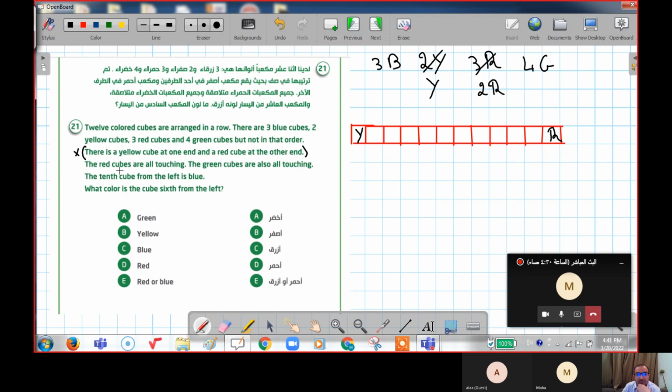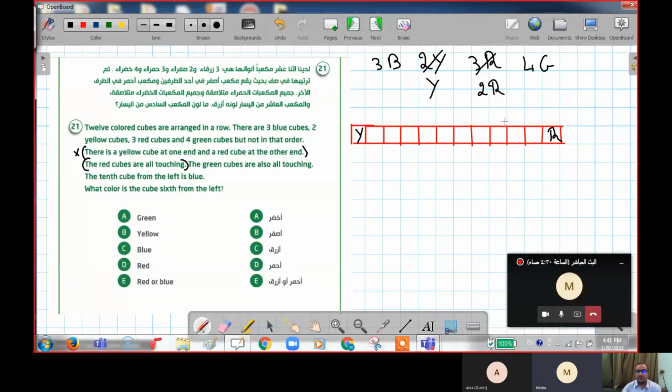The second expression, from here to here. The red cubes are all touching. Okay, the red cubes are all touching. What does that mean? Touching.